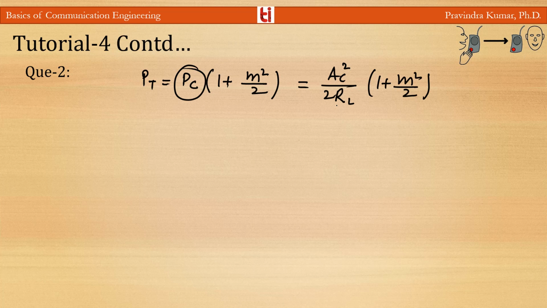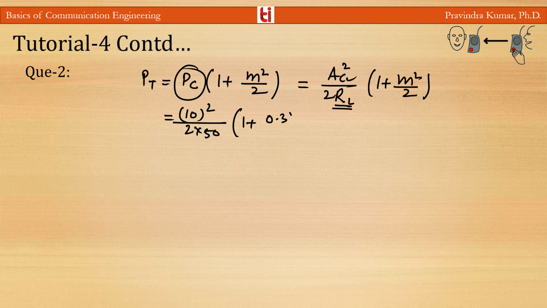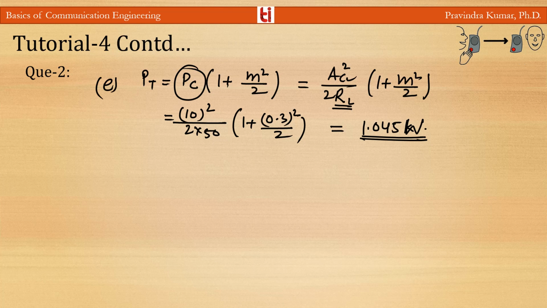The load resistance is given as 50 ohm and AC is 10, so you can write it as 10 squared by 2 into 50, times 1 plus 0.3 squared by 2, so we will get 1.045 kilowatt. So this is the transmitted power, and part F is the total sideband power.